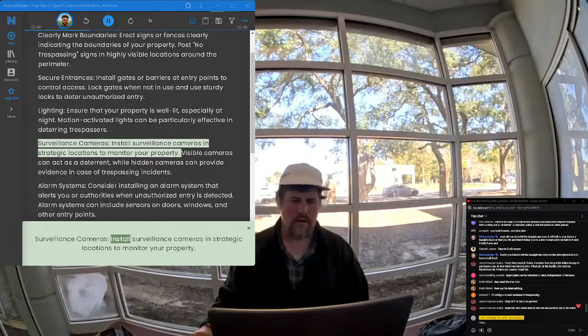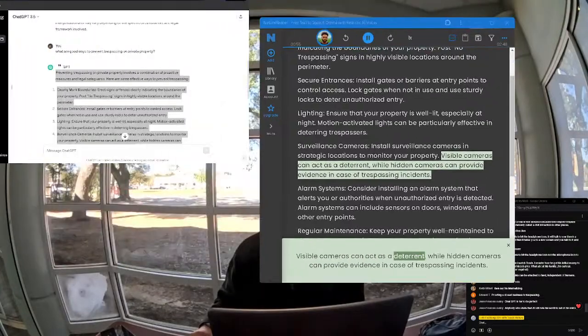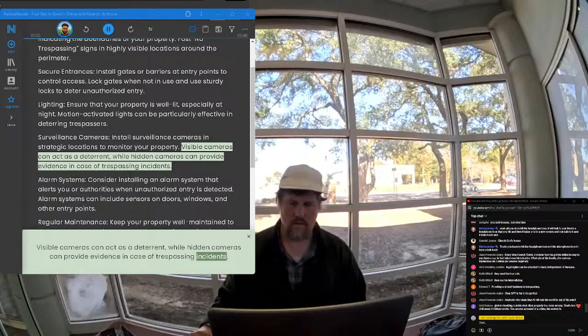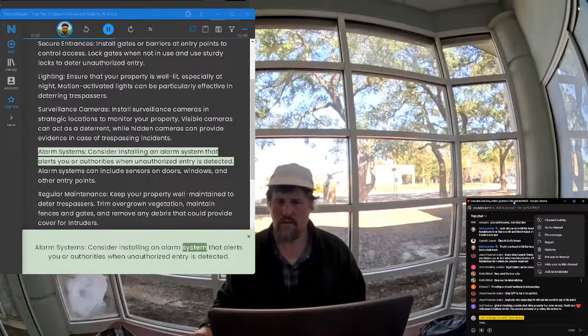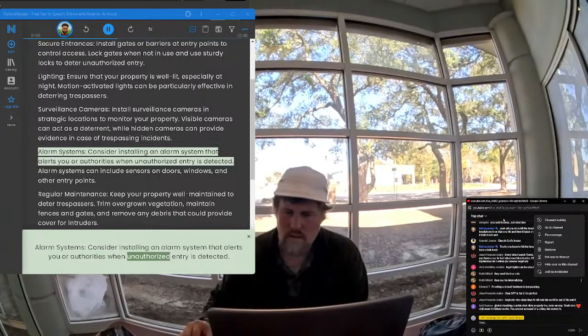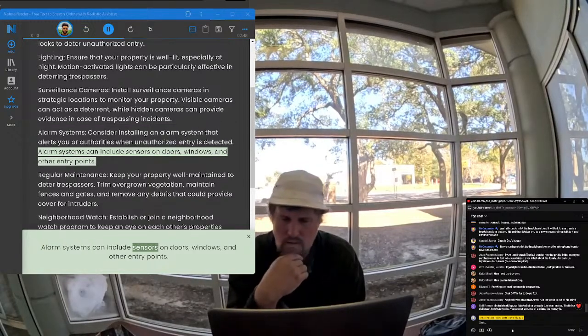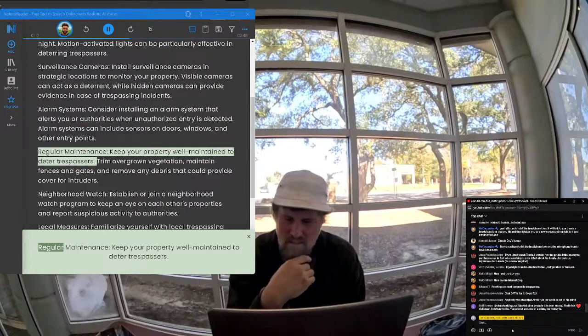Surveillance cameras. Install surveillance cameras in strategic locations to monitor your property. Visible cameras can act as a deterrent, while hidden cameras can provide evidence in case of trespassing incidents. Alarm systems. Consider installing an alarm system that alerts you or authorities when unauthorized entry is detected. Alarm systems can include sensors on doors, windows, and other entry points. Regular maintenance. Keep your property well maintained to deter trespassers.